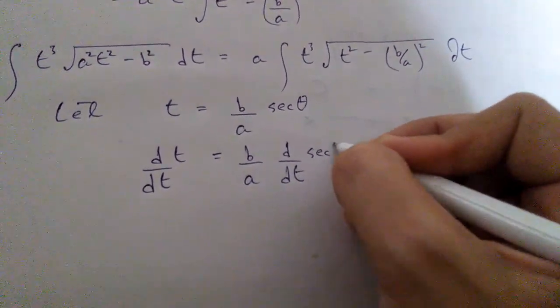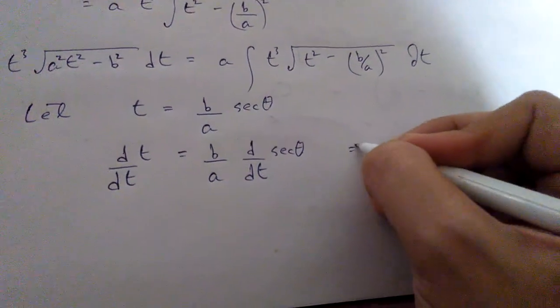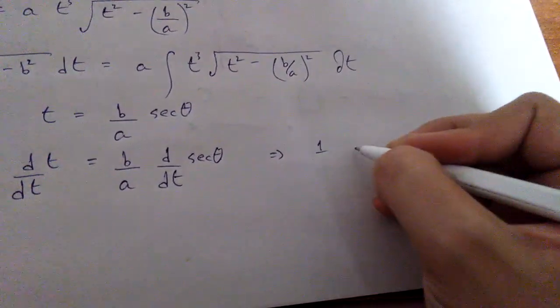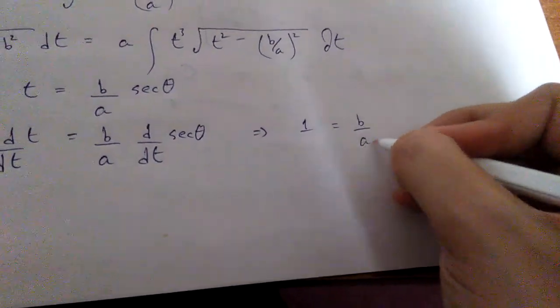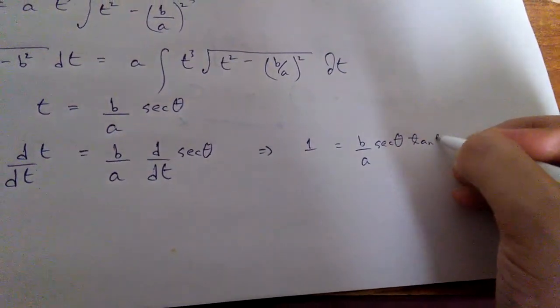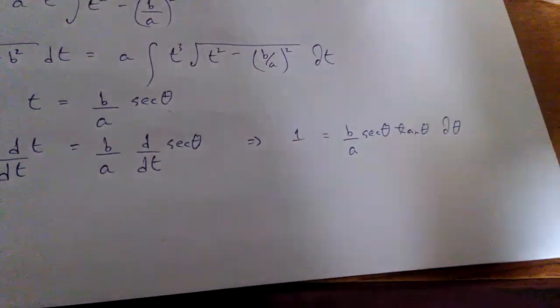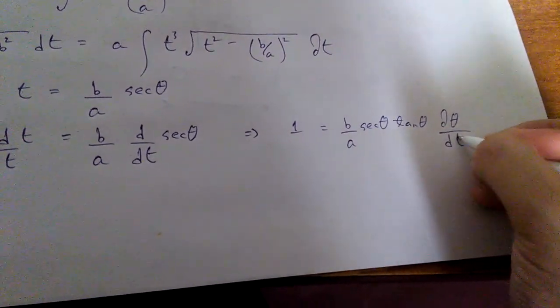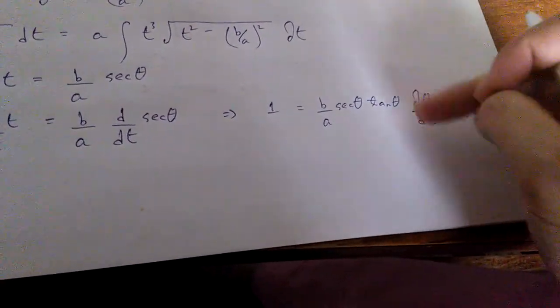So this becomes 1, and is equal to b upon a sec theta tan theta d theta upon dt. This is the chain rule that we have just done.